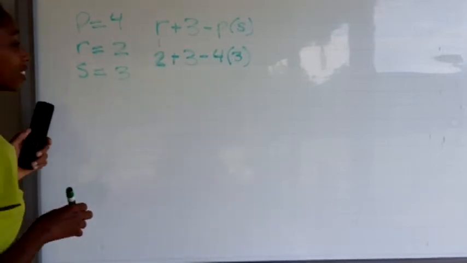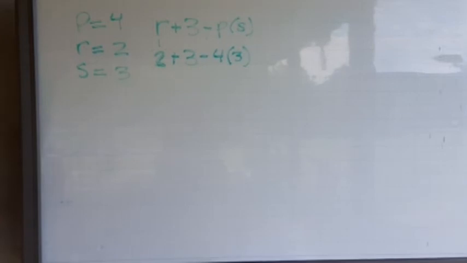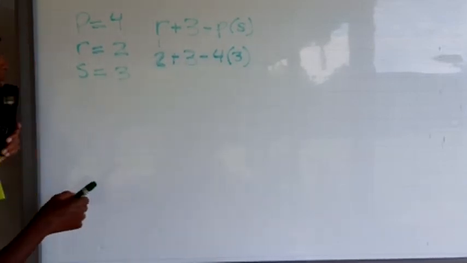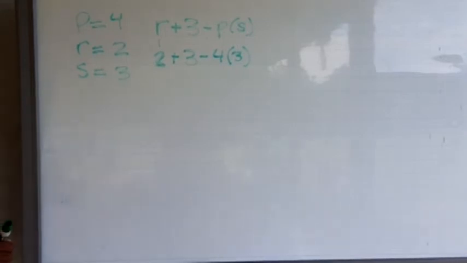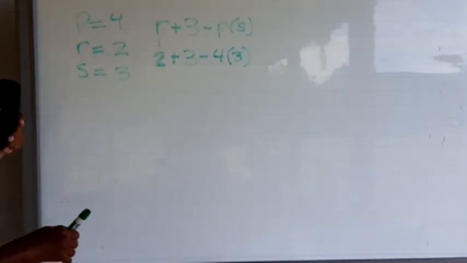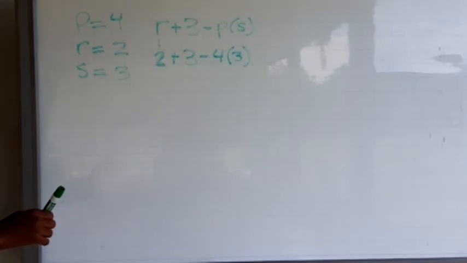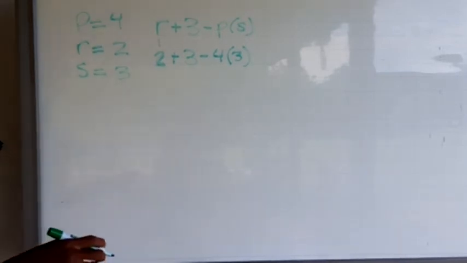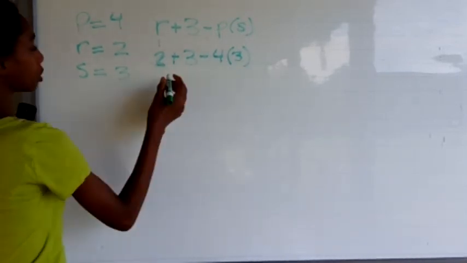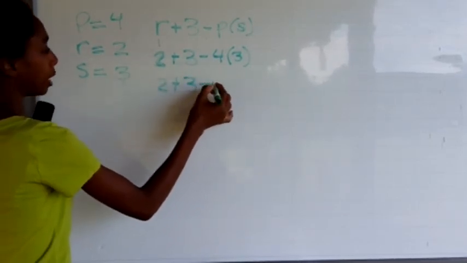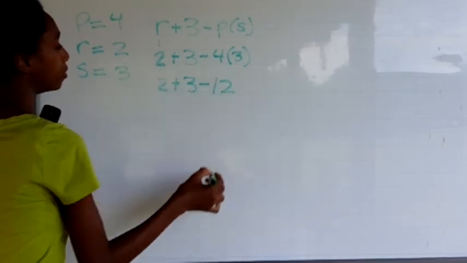Alright, so y'all gotta watch that order of operations video. I'm gonna have to make sure I get that up today. So our next step is gonna be to follow order of operations, which says to do multiplication first. So it's gonna be negative 4 times 3. So we'll rewrite that as 2 plus 3 minus 12.